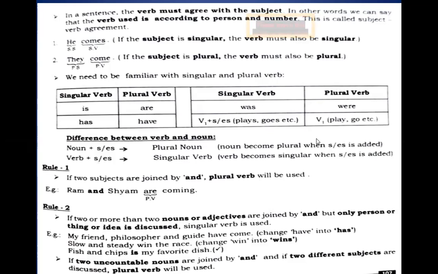Uncountable nouns first require the singular verb. But when there are two and they discuss two different subjects, there will be a plural, because these are two different uncountable nouns. So these will require a plural verb.